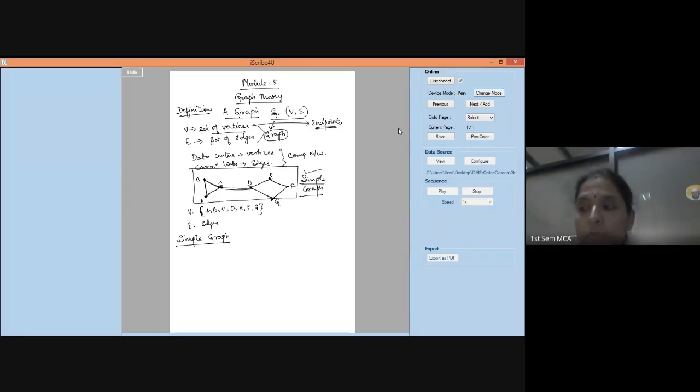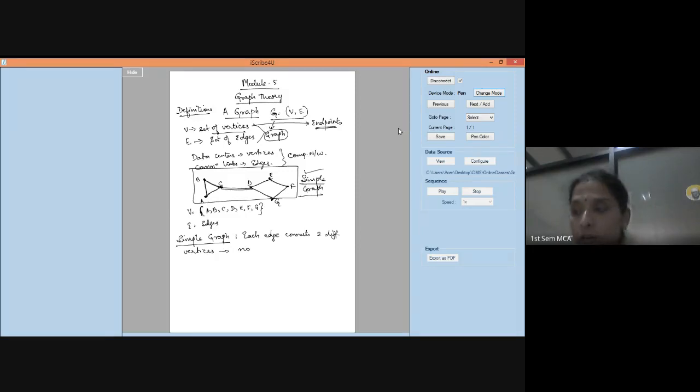So what do we mean by a simple graph? A graph in which each edge connects two different vertices, and where no two edges connect the same pair of vertices.